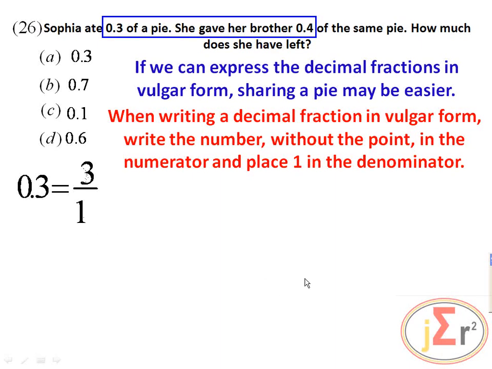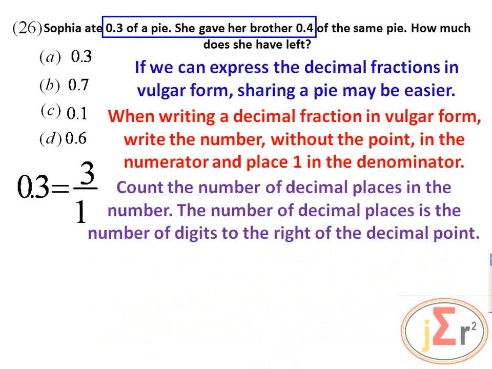That is our first step. When writing a decimal fraction in vulgar form, write the number without the point in the numerator and put 1 in the denominator. We are not finished yet. That is our first step.